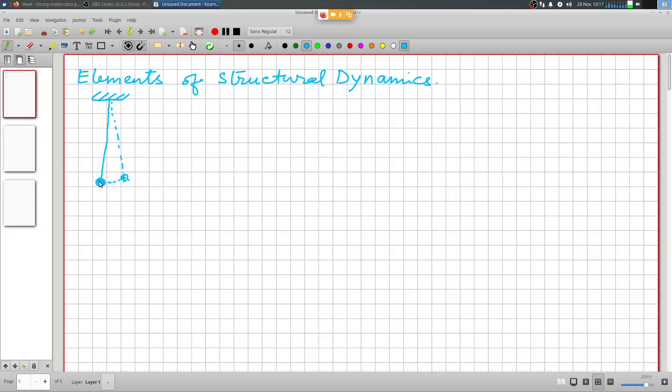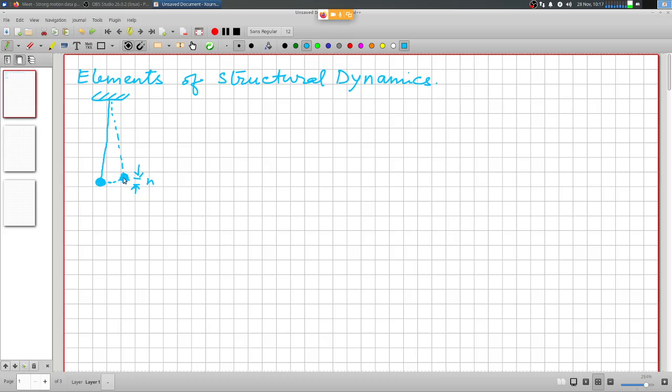So by moving this bob from the neutral position to this, we have invested in it some work by raising it by this height, and this stores potential energy in the bob. When we release it, everything moves from higher potential to lower potential.